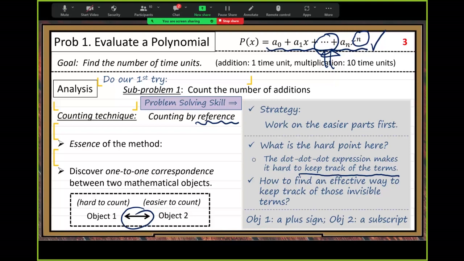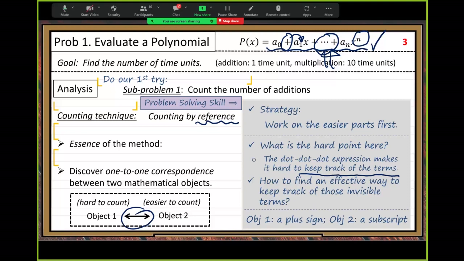For the first plus sign, we associate it with the first subscript of the coefficient at its right-hand side: a1, not a0.